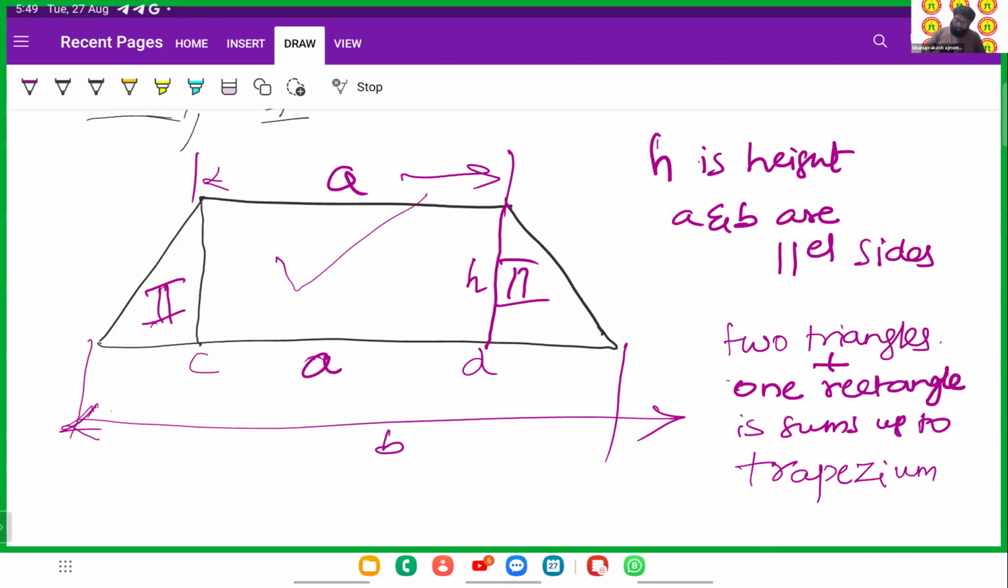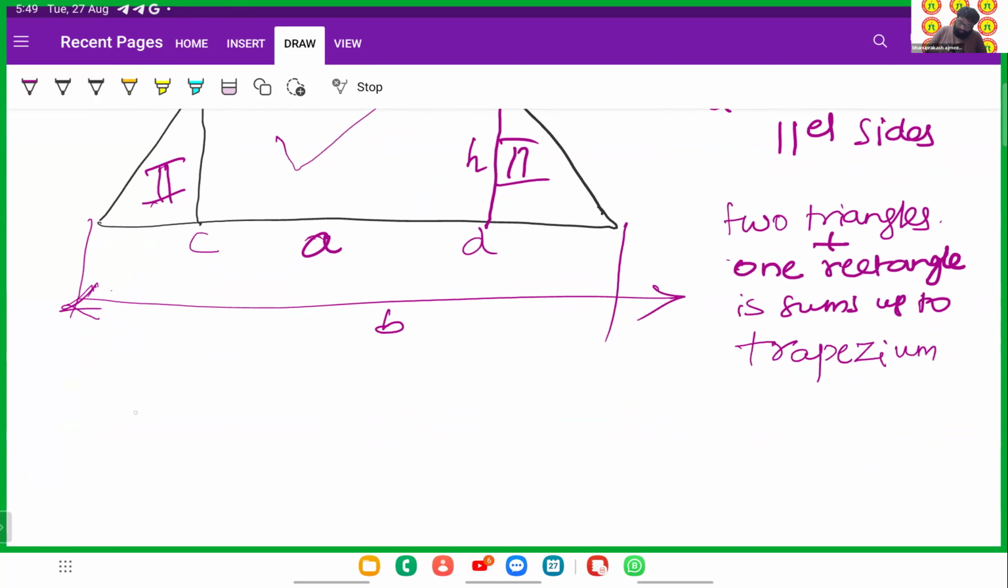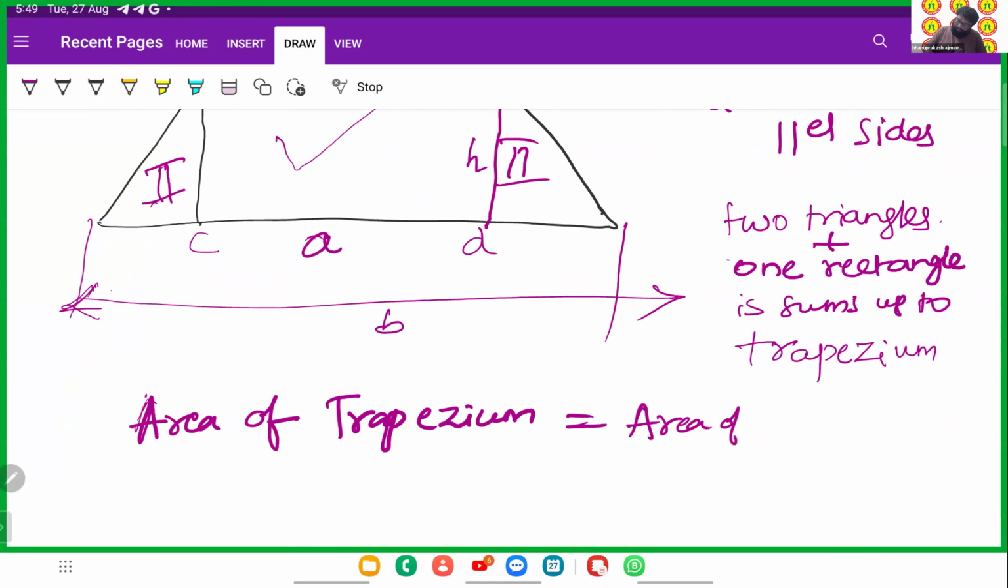So how do you calculate the area? The area of the trapezium is equal to the area of the rectangle plus the area of the two triangles.